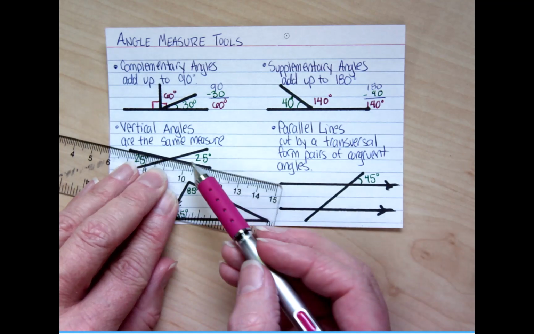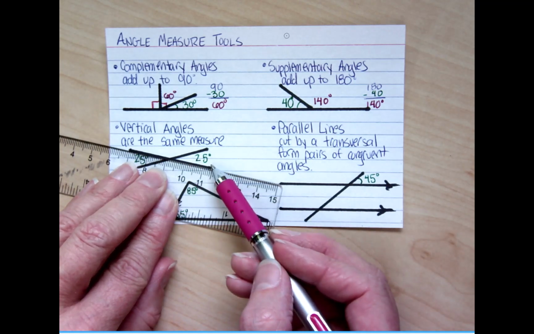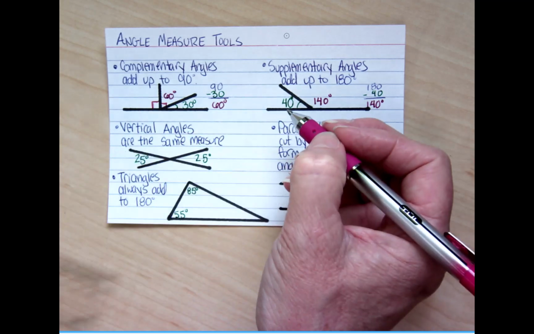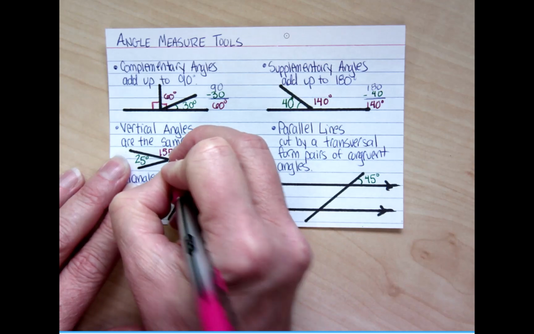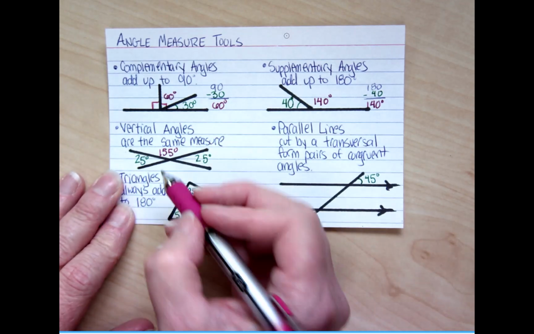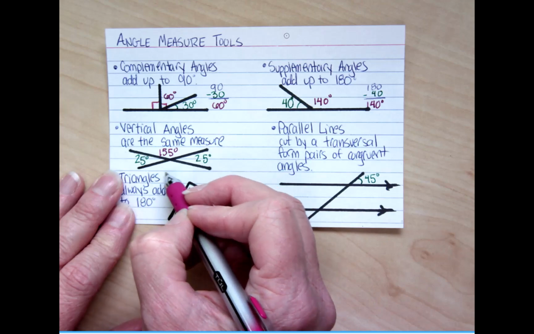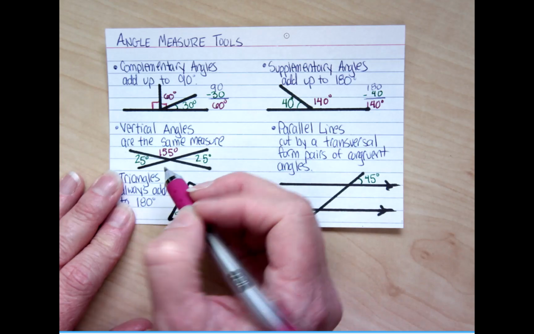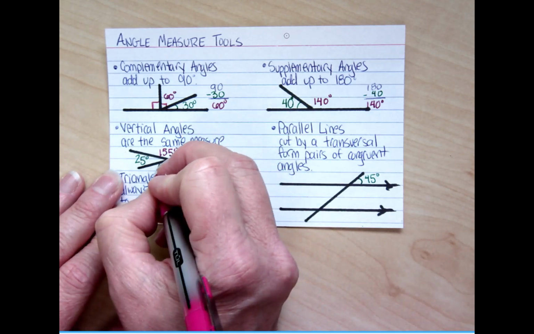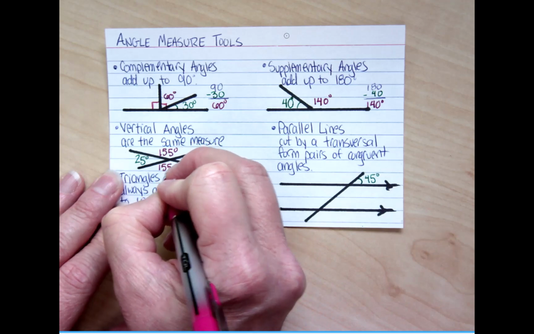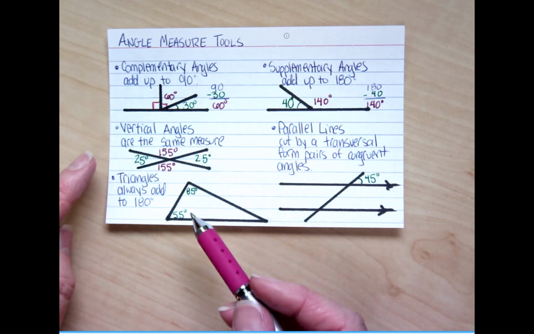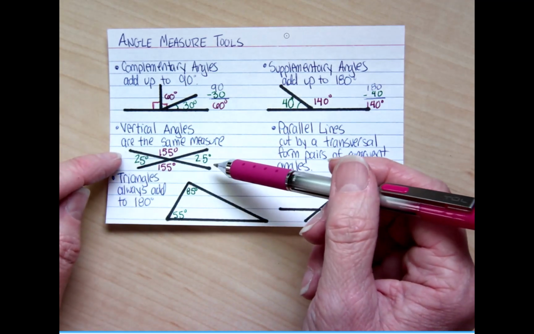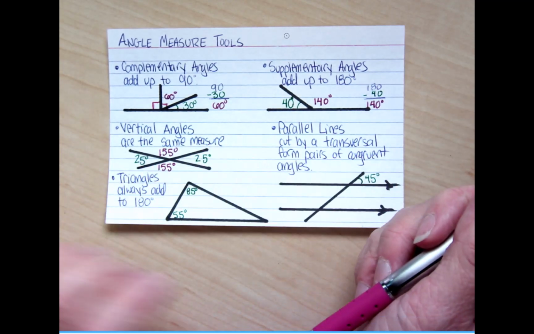And if I take 180 and subtract 25, that leaves me with 155. And I can go ahead and say that this is 155 as well, because these are vertical angles. So vertical angles are always the same measure, and they appear on opposite sides of an X.